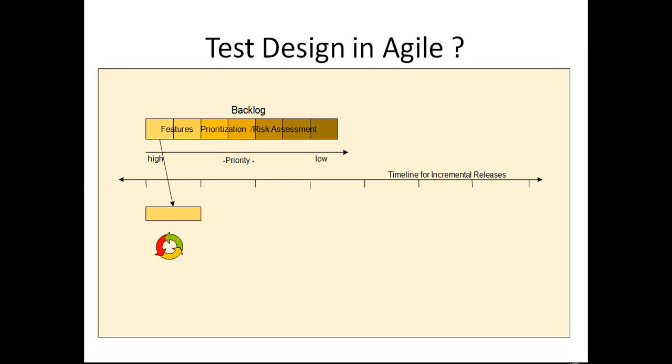So when the second set of features are being added to the first set of features, it will definitely lead to testing of the first set of features as well. And that itself will lead you to think that as the features are added, as the software grows, the need for software testing grows. We need to be agile, we need to be fast, we need to be nimble, not only in the way that we change the requirements and adapt to that, but also in the way that we test.